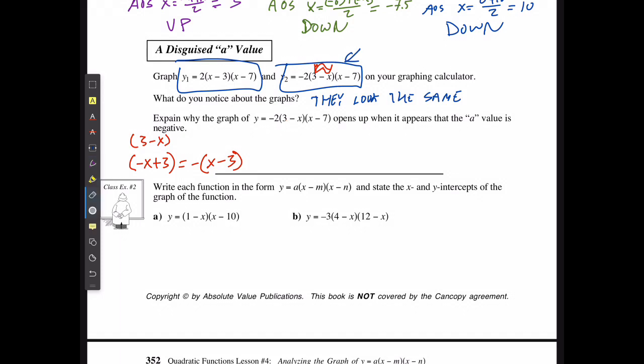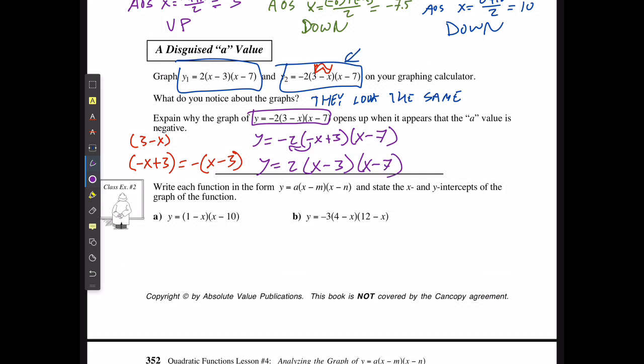So, if I was to do that process for the second equation, I would say that y is going to be equal to -2 bracket -x plus 3 bracket x minus 7. And when I need to divide the negative out of here, it's going to cancel out with the other negative, and I get y is equal to 2 bracket x minus 3 and x minus 7. And now it matches the original graph that I had.